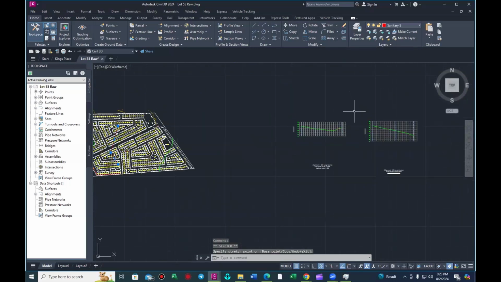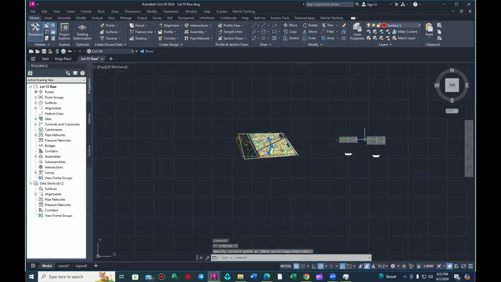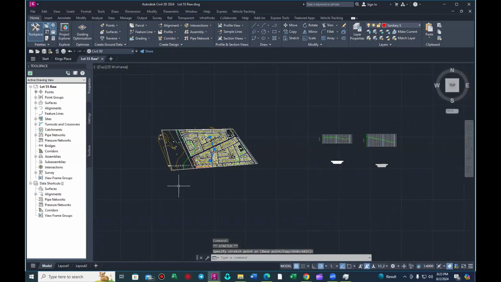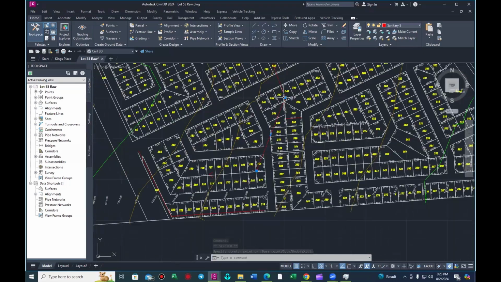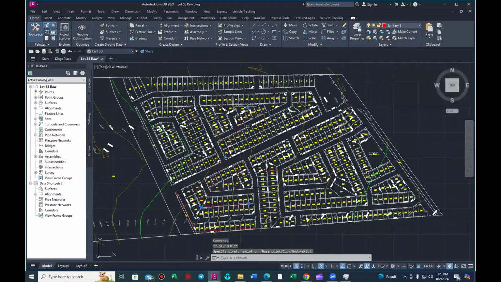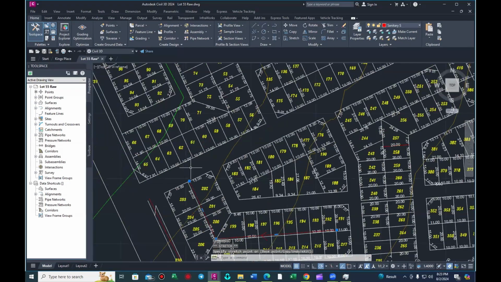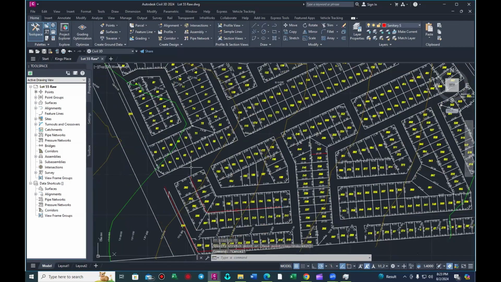You see, it changes, meaning it's dynamic. Whenever I change this line, it also changes the quick profile. This also helps me. Civil 3D is very cool in that sense, because if it's dynamic, I can make changes until I obtain a profile that is favorable to my design, that is following the natural ground level.